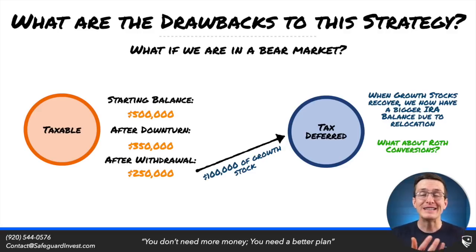And now we have relocated stocks that are down 30% into your IRA. Once we see a recovery within your IRA, doesn't that mean your IRA is going to be that much bigger? And now we have a bigger RMD problem. So now we just traded one problem for probably a bigger problem ultimately. Is this a valid objection? Well, potentially, but it depends on your situation.